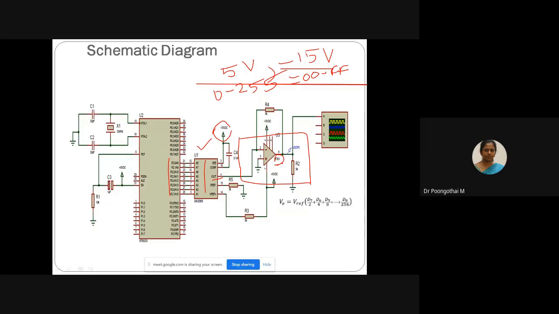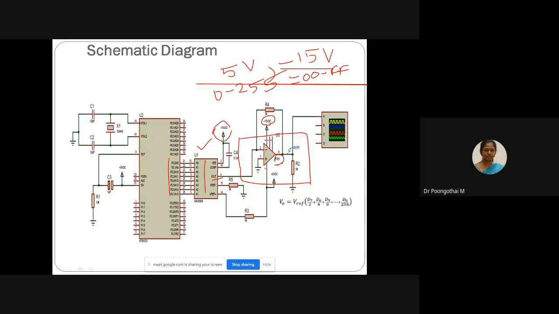And also one capacitor is connected with this compensation pin. Also this VEE minus 15 volts is connected with the fourth pin of the operational amplifier LF351.